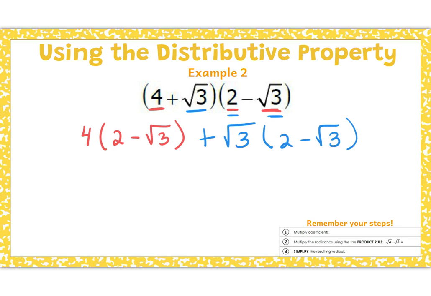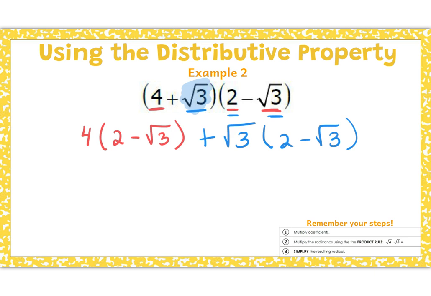So all I did was break apart my first parentheses into 2 separate problems so I can see what is being multiplied with what. I am first distributing the 4. The 4 is going to the 2 and then to the square root of 3. Then I'm going to take the square root of 3 that's in here. I'm going to take my square root of 3 and it's getting multiplied to the 2 and the square root of 3.